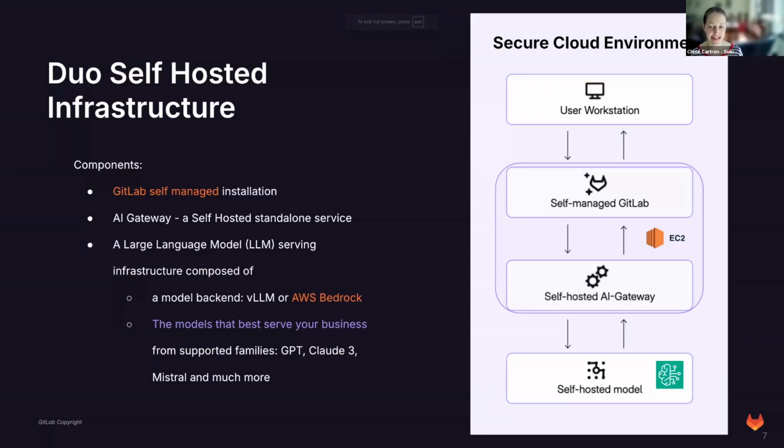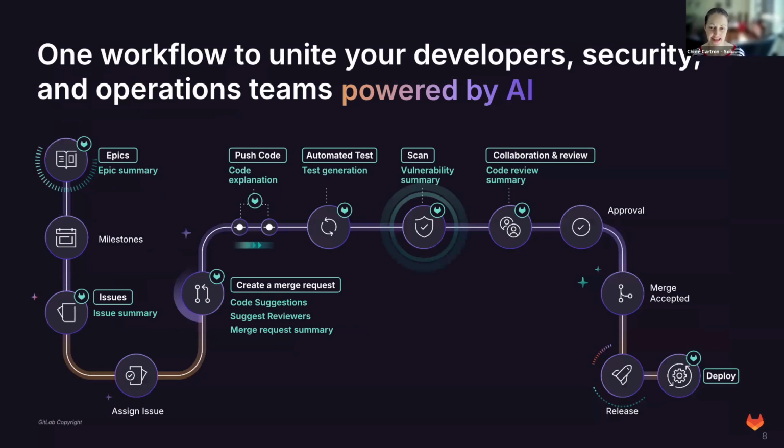Thanks a lot, Olivier, for this live demo. So here you've been able to see in action a couple of use cases of using the AI features within GitLab. We were able to use Duo for explaining some code and for helping us write code using our self-hosted models.